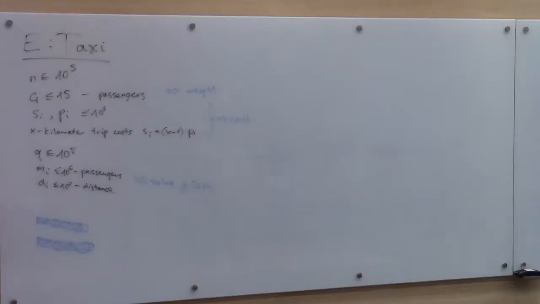We still didn't cover di, the distance, and we still didn't take into consideration that the cost is not fixed. So normally in our knapsack problems, the cost of the item was constant. Here, the cost of the item will depend on how far people want to go.